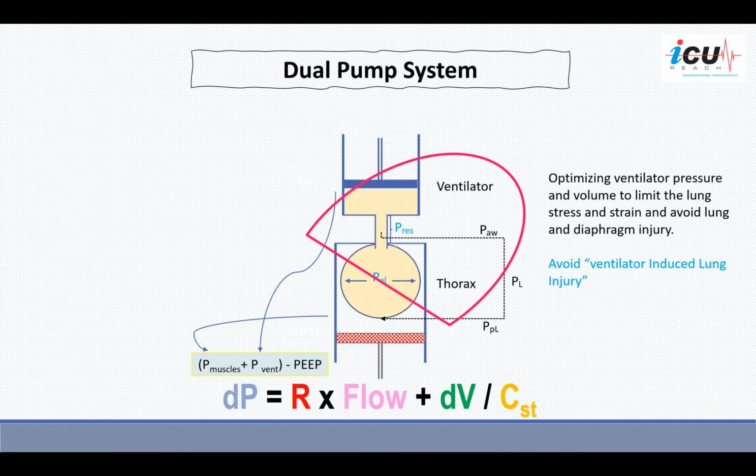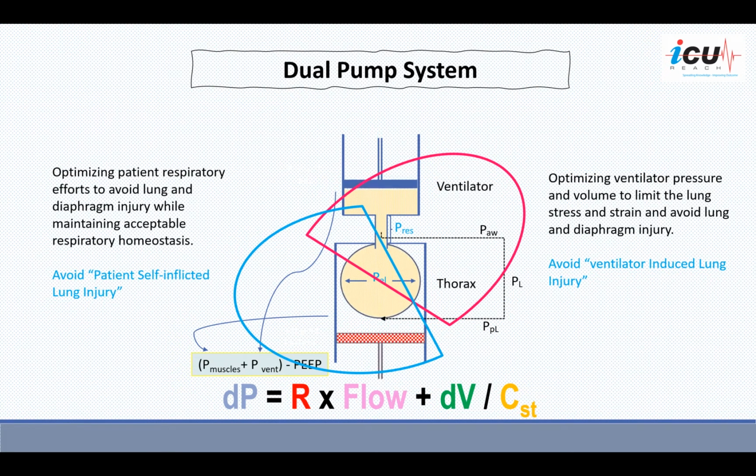And when we talk about protective lung strategy, we mean to optimize the ventilator pressure and volume to limit the lung stress and strain and avoid lung and diaphragmatic injury. In other words, we like to avoid ventilator-induced lung injury.